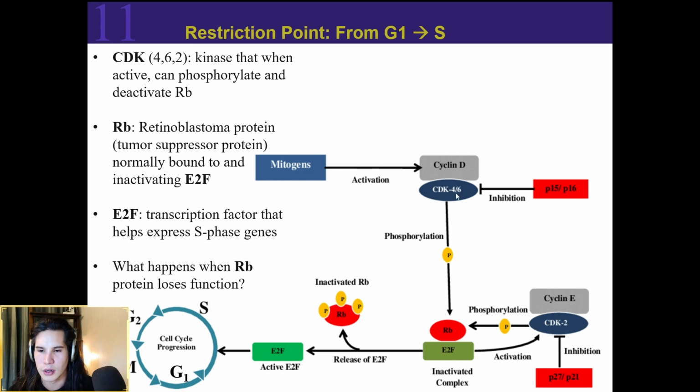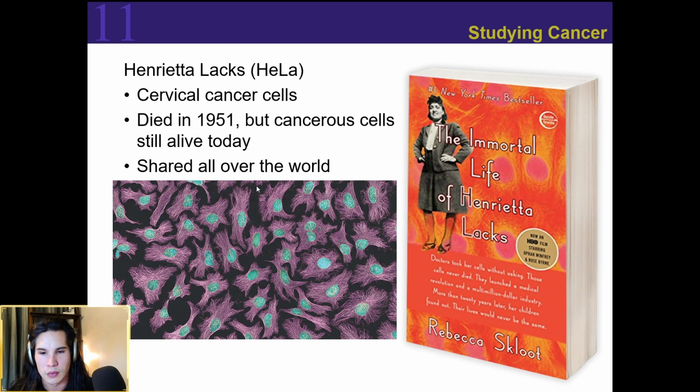So CDK4 is just one example, but there are quite a few different targets of the CDKs to prevent transition from G1 to S, or even from G2 to mitotic phase.